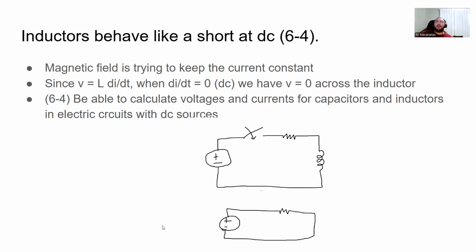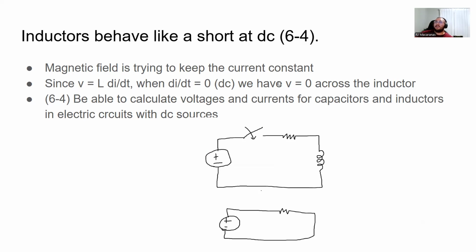Inductors behave like a short at DC. We looked at capacitors and figured that they behave like an open, but inductors have this magnetic field trying to keep the current constant. Since we have this defining equation for the inductor, L di/dt, when the current stops changing over time, we've reached a DC condition.